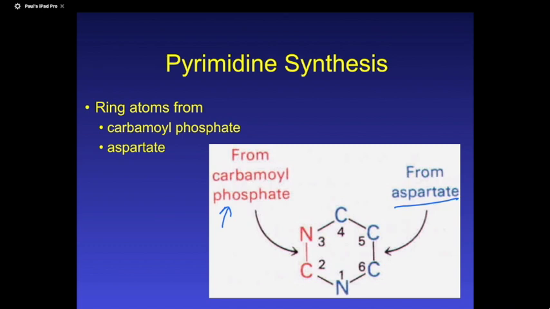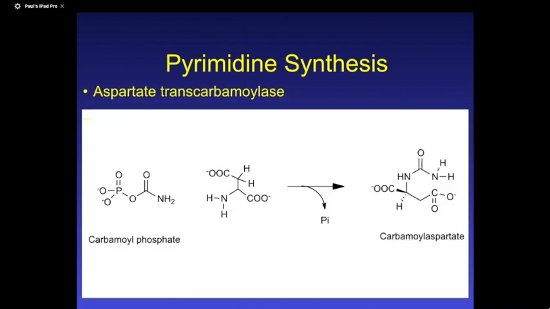Do you remember where that one is? Urea cycle. Also, aspartate can actually come from the urea cycle also. So, we have aspartate and the carbamoyl phosphate.